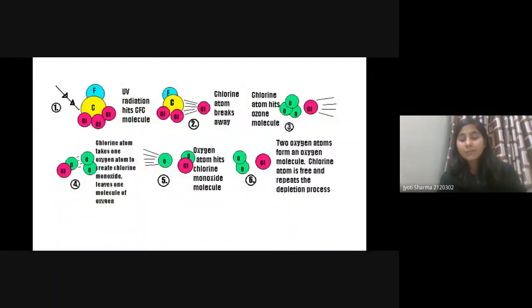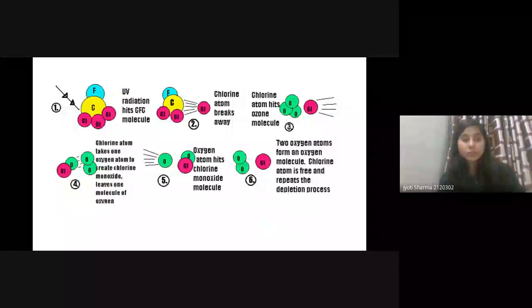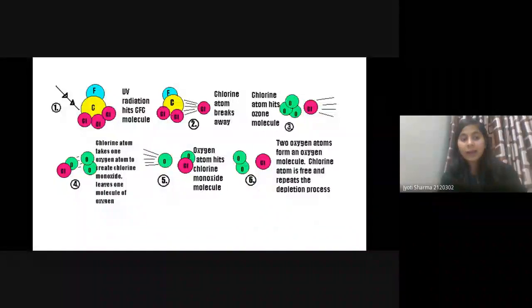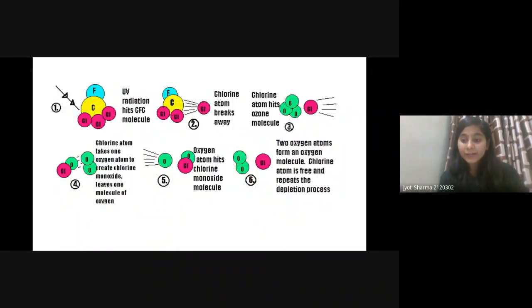Here is the mechanism by which fluorine and chlorine act. Most of the time, it is not the fluorine, but the chlorine that is depleting the ozone. For example, we have one compound that has three chlorines and one fluorine attached to the carbon. What will happen whenever there is ultraviolet radiation?